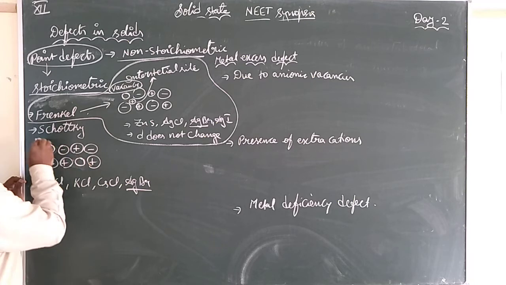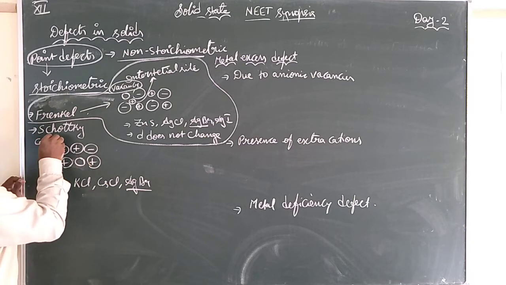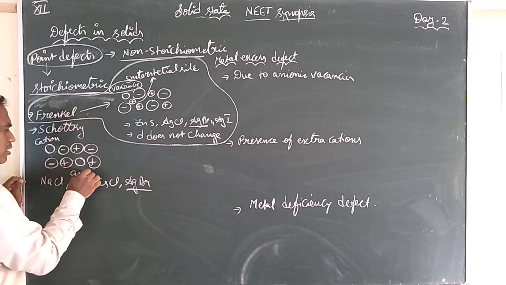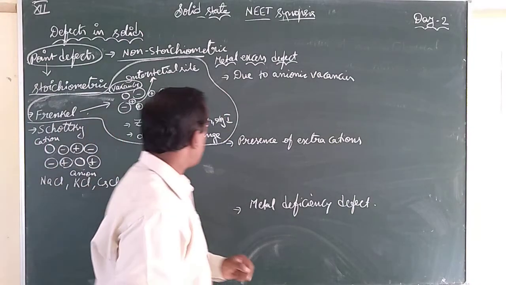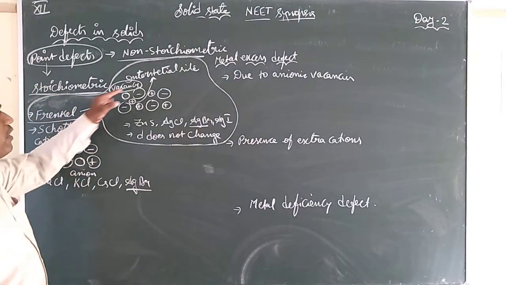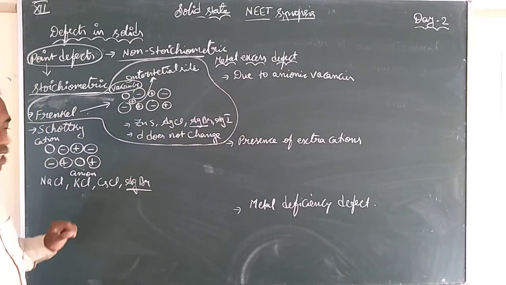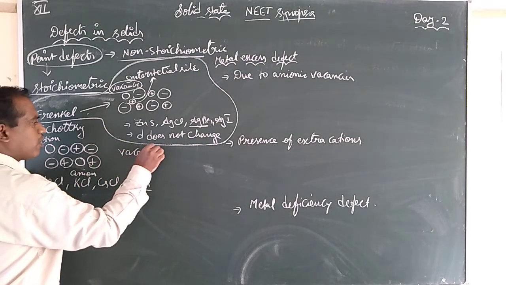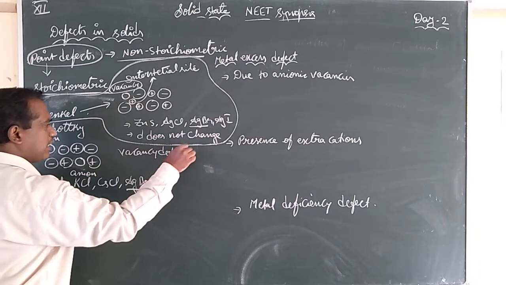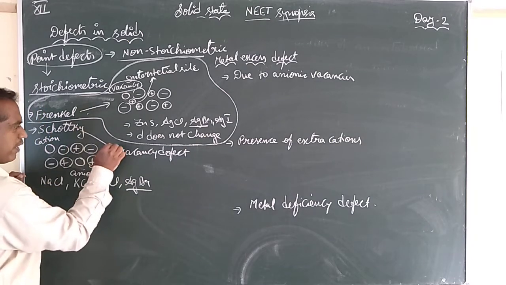Here cation has vacated and here anion has vacated from their sites. Here the Frenkel defect we call an interstitial defect, but here it is completely a vacancy defect. We call it the vacancy defect in the case of the Schottky defect.